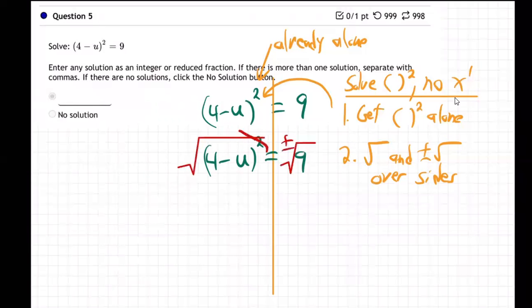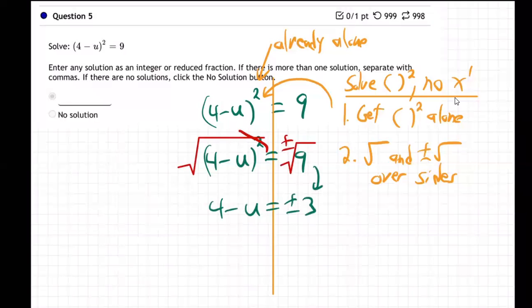And the root cancels the square right there, because square roots are the opposite of second powers. So what becomes of it? Now, plus or minus 9. No, sorry, square root of 9. That's plus or minus 3. We can do the square root of 9, so we just do it. It's clean, right? Square root of 9 is 3.